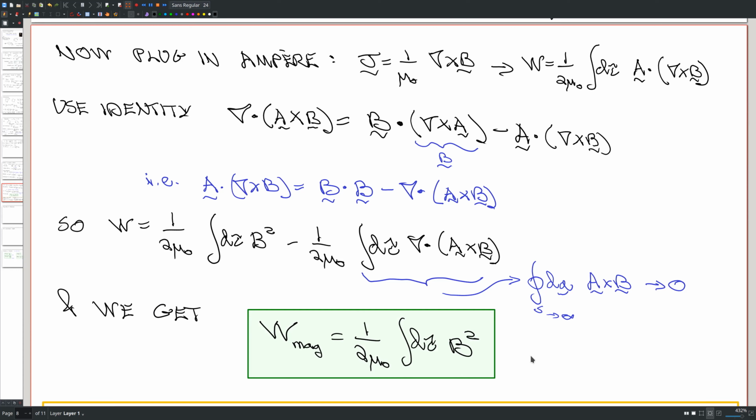And you might remember that in the case of the electrostatic field, we had kind of relatively similar.